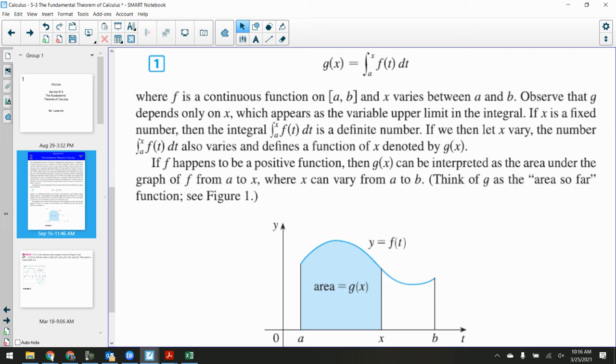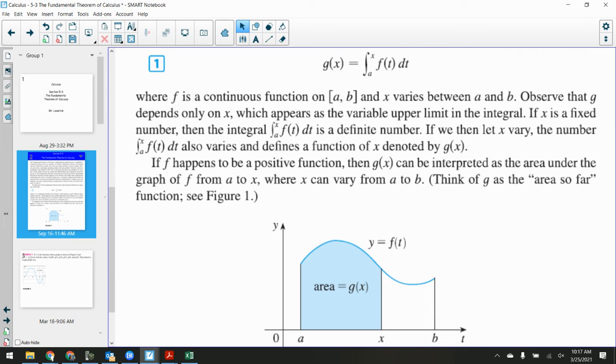Now I'm not just going from a to b, at a definite place, like what Caleb and I were talking about the other day. Now it's going from a to some value x, and that's my independent variable. That's what's going to vary.